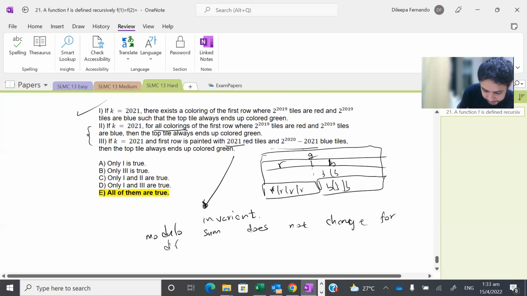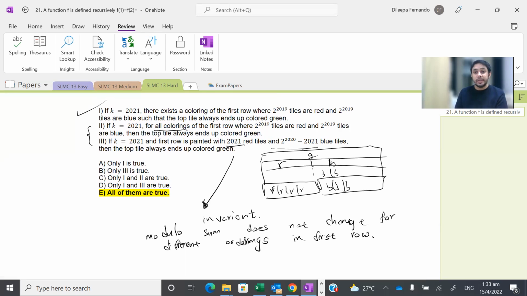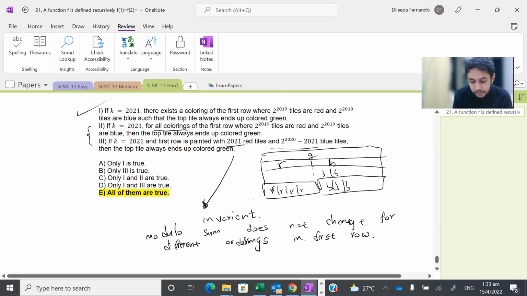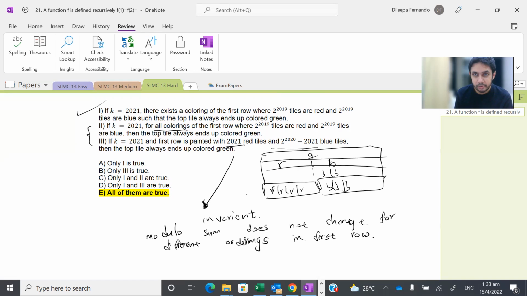And that means we can use the modulo sum to reason about the color configurations, and we can also use the modulo sum to derive the color configurations in the rows above.